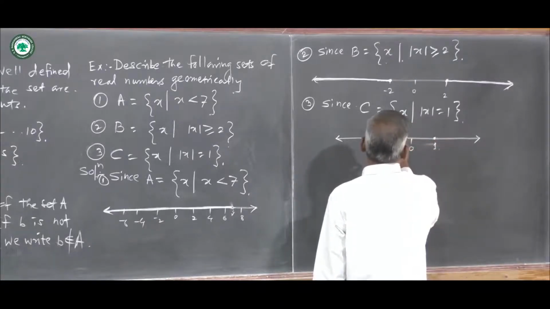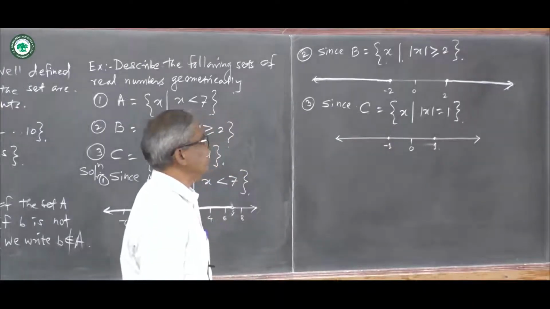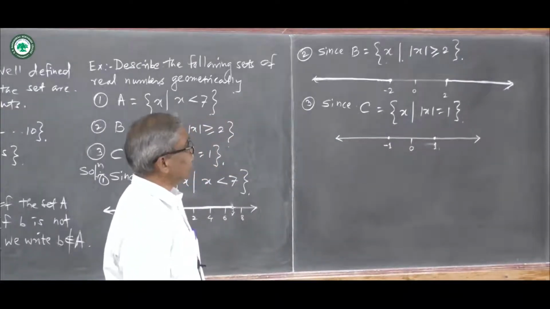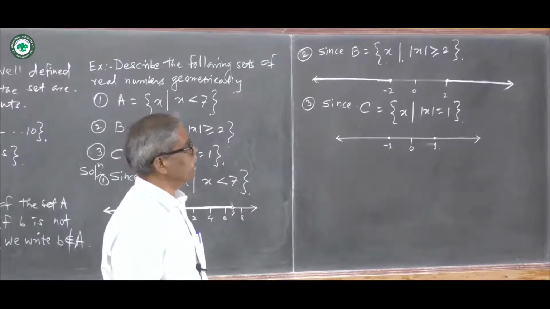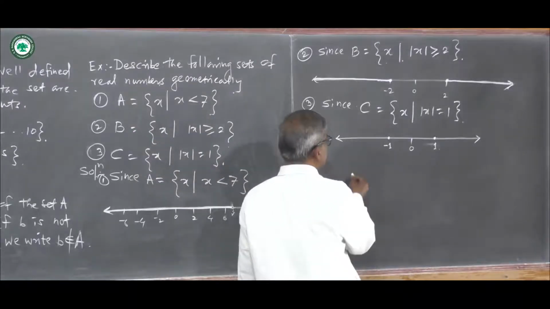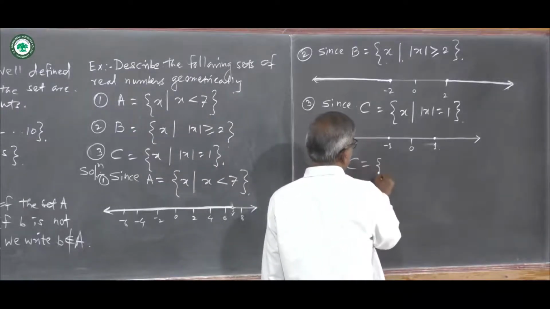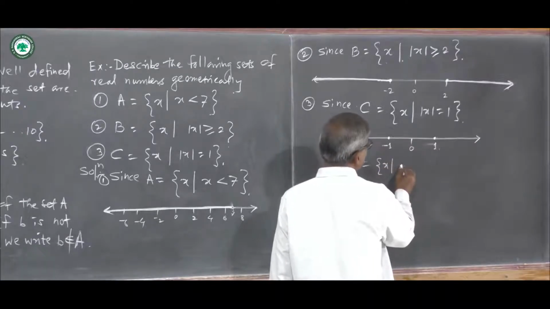Capital C is the set of all x such that mod x is equal to 1, which is only 2 points, minus 1 and plus 1.